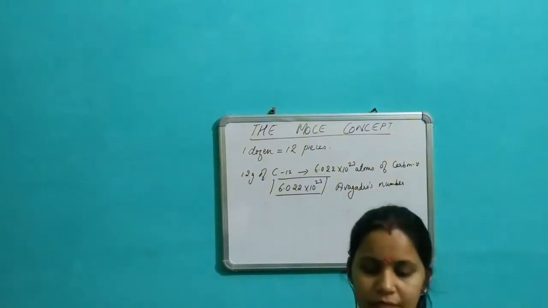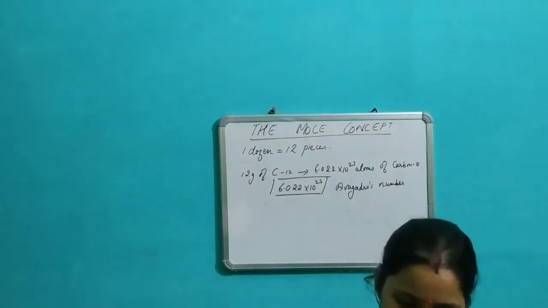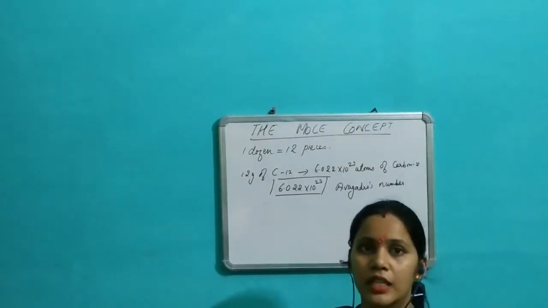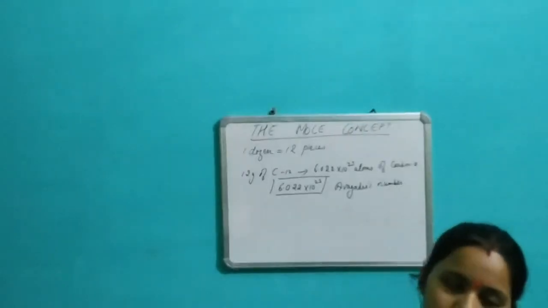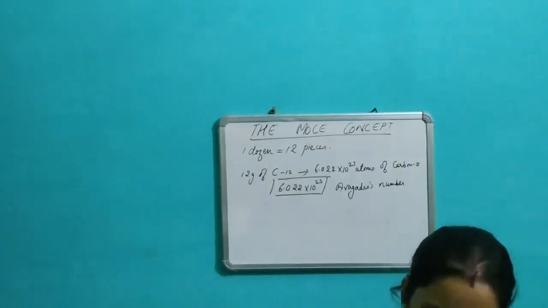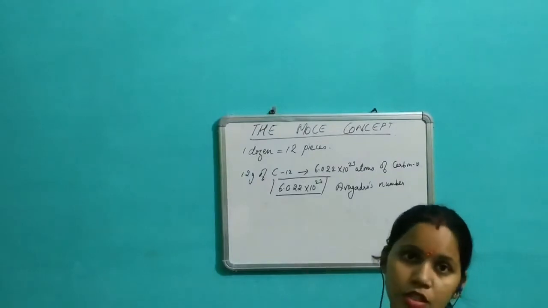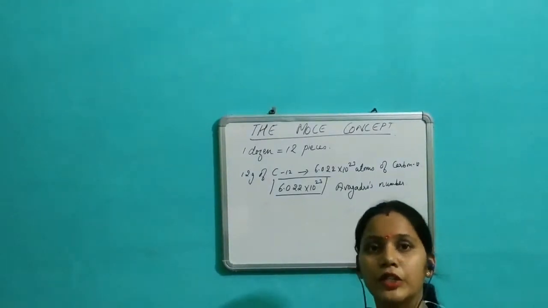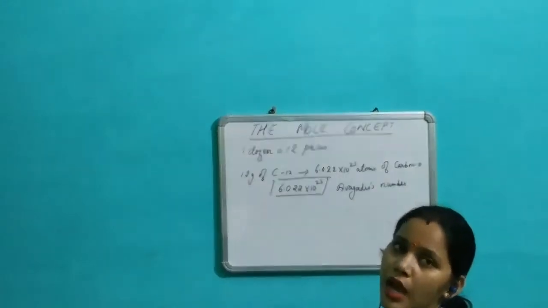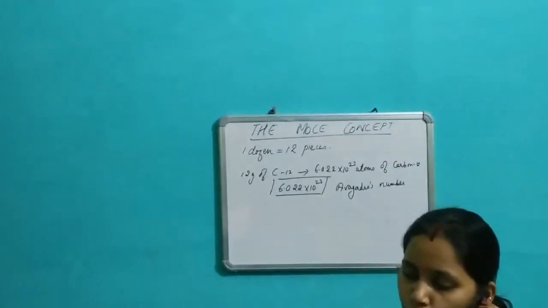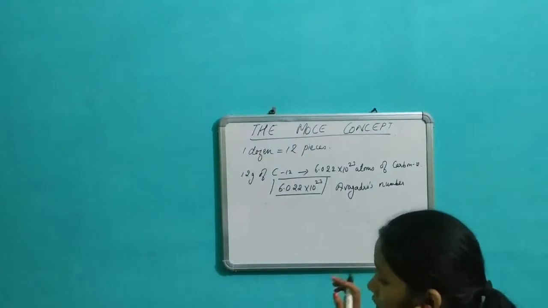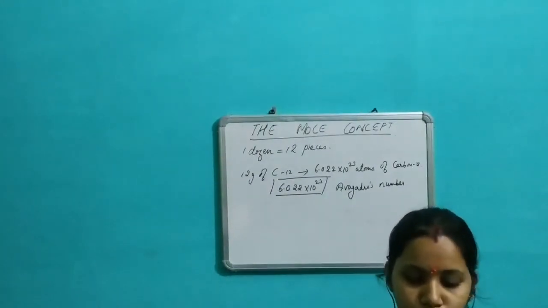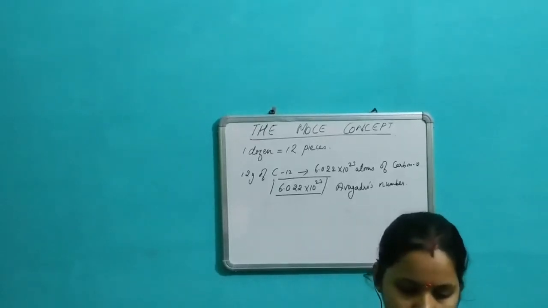So we say that a mole is the quantity of any material which contains one Avogadro number, that is 6.022 × 10^23, of chemical units, that is atoms, ions or molecules. So the mole concept can be applied to both molecular and ionic substances.